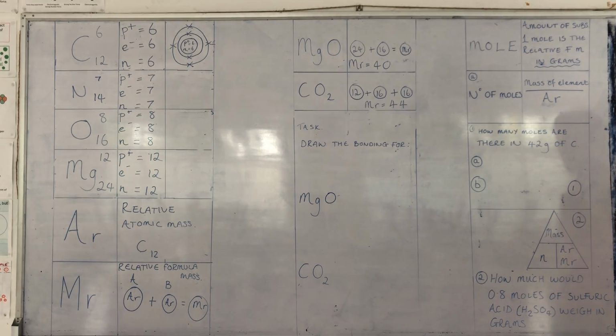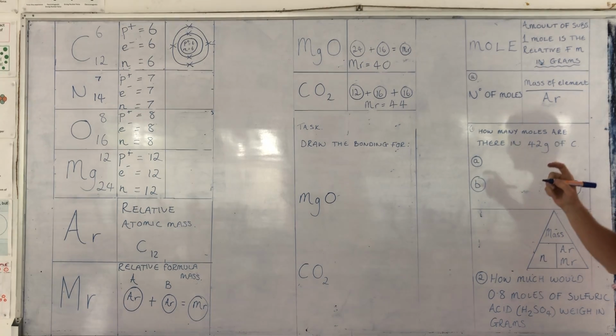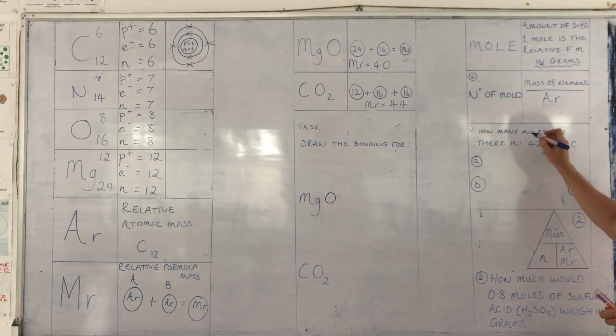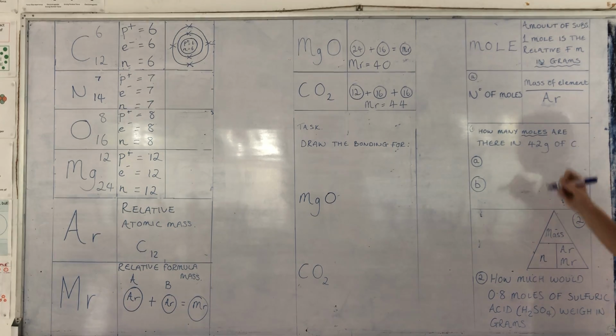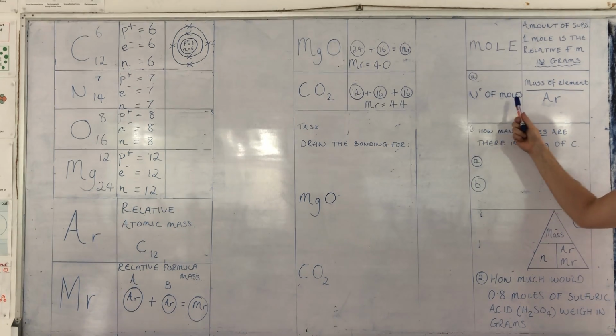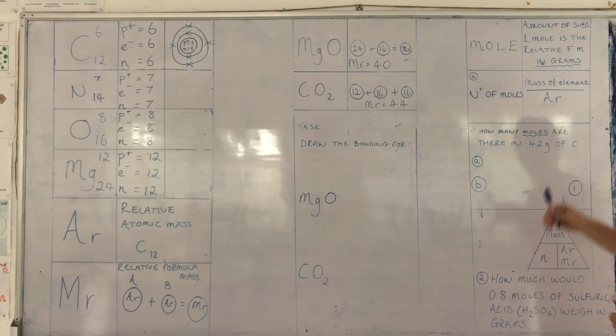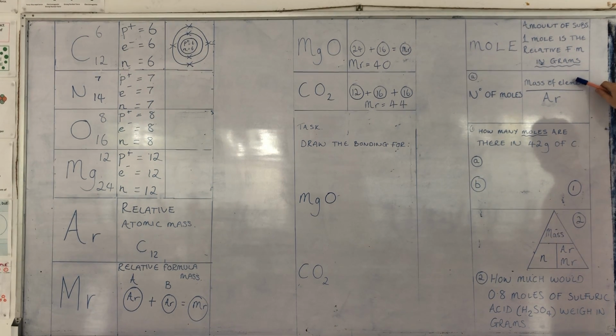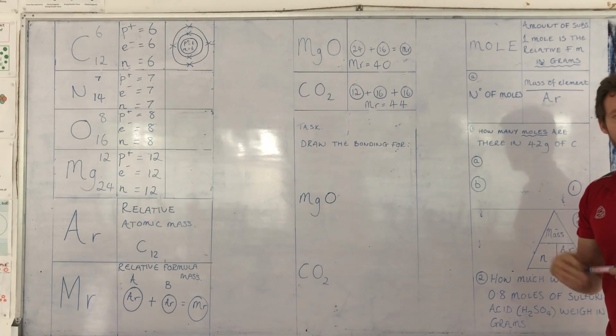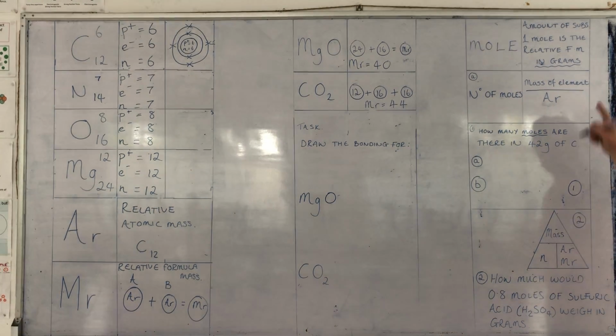So, how many moles are there in 42 grams of carbon? How many moles? Well, that's nice. We just made a note of how we can calculate number of moles, and we have the mass of the element divided by the AR here. So we can take this information from the question.